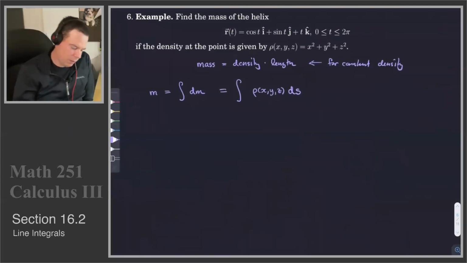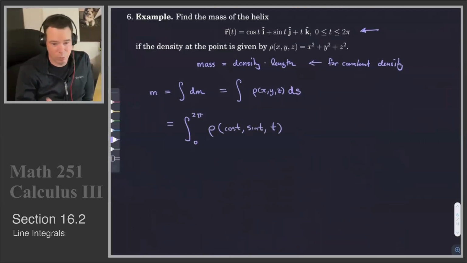And so in order to evaluate that, we're going to need to use our parameterization. And so we're going to go the integral from 0 to 2 pi. Rho of x, y, z is going to be rho of cos t, sine t, t. Basically, now we're just doing a substitution for everything in terms of t.